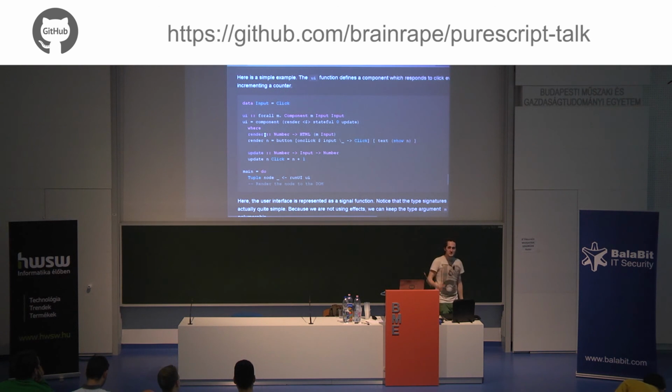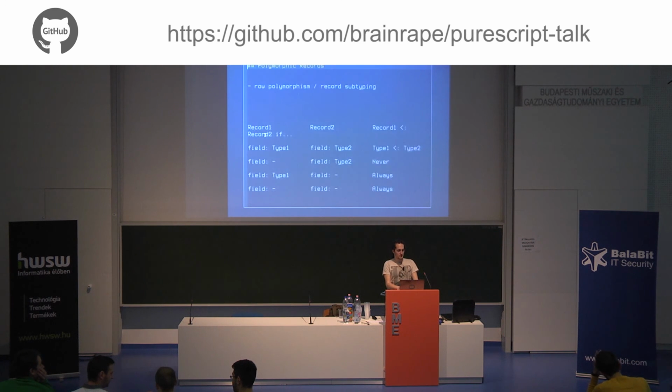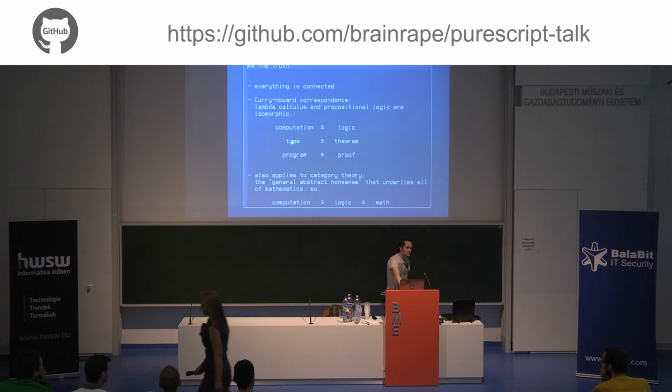As I told you before, there's this isomorphism between logic and programming, and the exact way that this analogy works is that types in your program are like theorems, and the program that you write is the actual proof that those theorems can be satisfied.